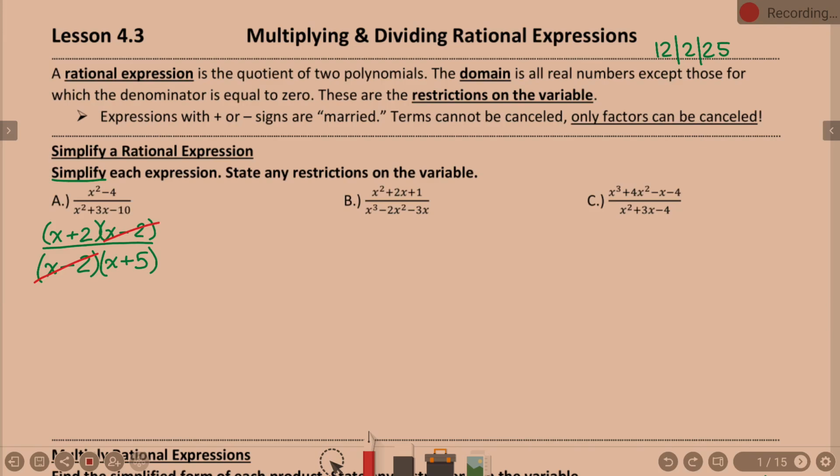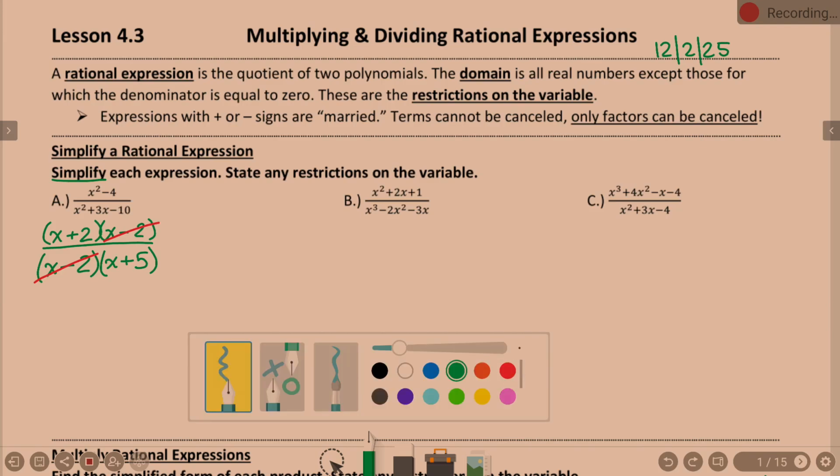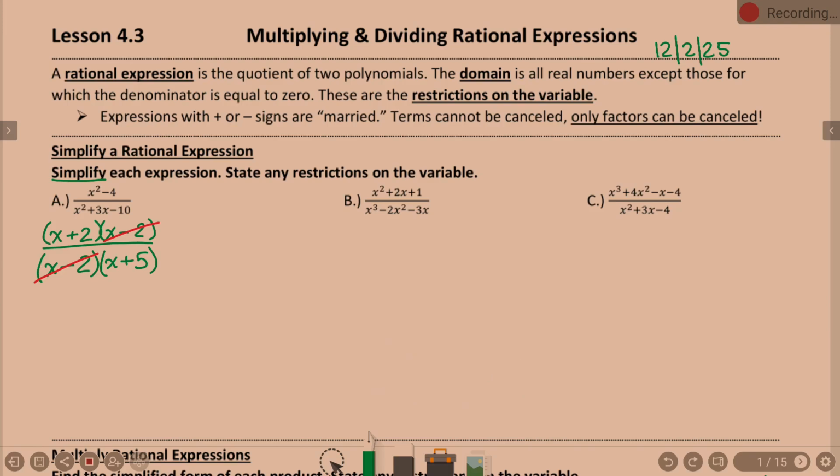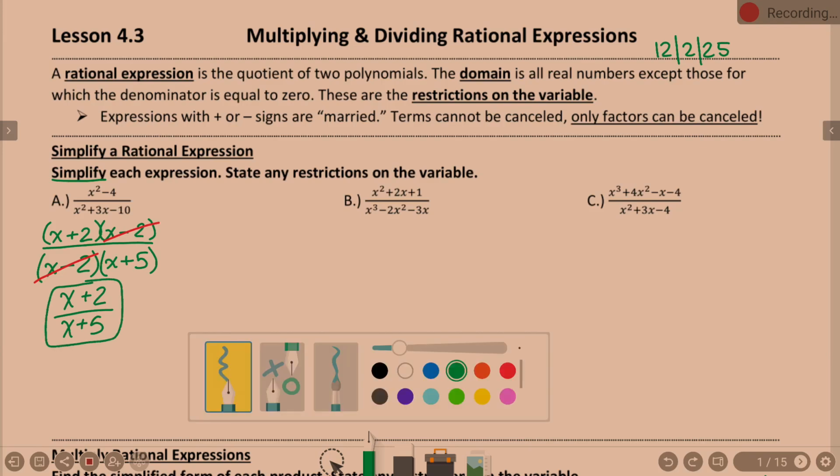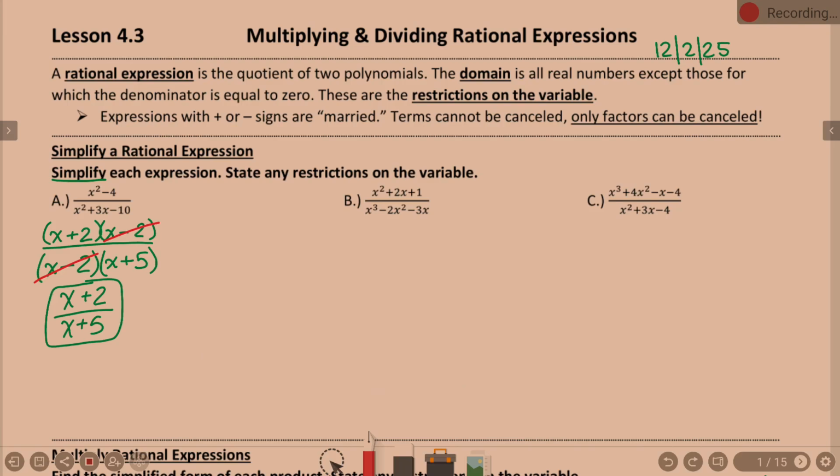That x on top is connected to the 2, and the x on bottom is connected to the 5, so we're not canceling those. At this point, you're at x plus 2 over x plus 5, and that is your simplified version. As I said, it's factor, factor, factor, and then cancel.